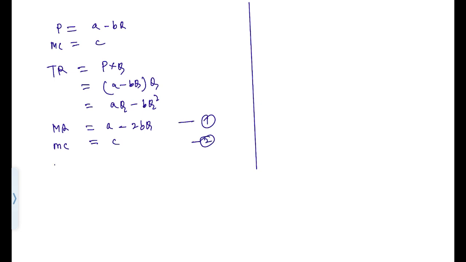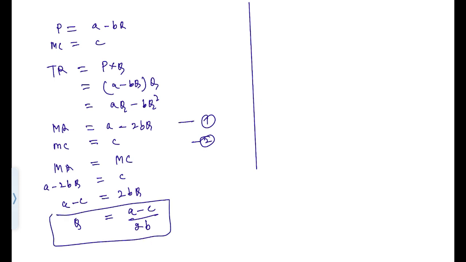Now equating both, the condition for profit maximization is MR equals MC, so a minus 2bq equals c. Then a minus c equals 2bq, and q equals (a minus c) upon 2b. So this is our equilibrium quantity.